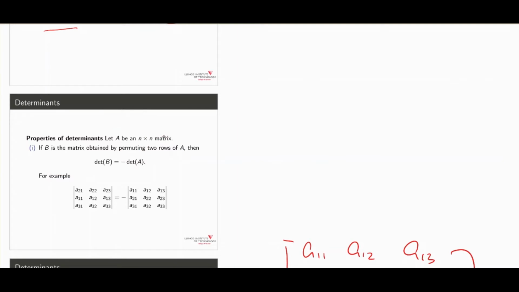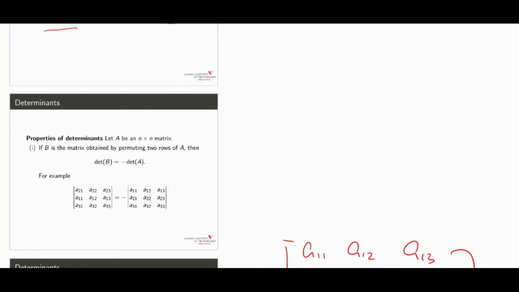Remember that the determinant of A is equal to the determinant of A transpose. So every property that we mention in this video that is true for the rows will also be true for the columns. Instead of saying rows and columns every time, we're just going to say row, with the understanding that the same property will still apply when you talk about columns.